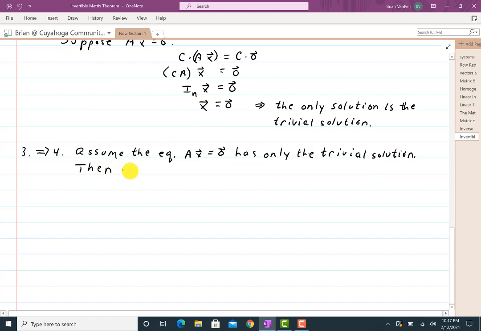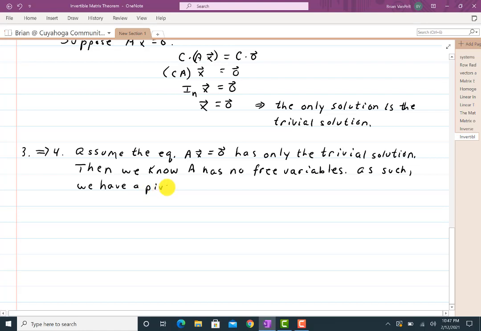Then we know A has no free variables. As such, we have a pivot in every column.